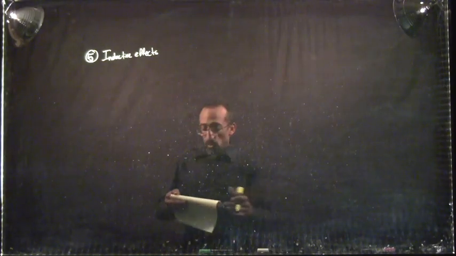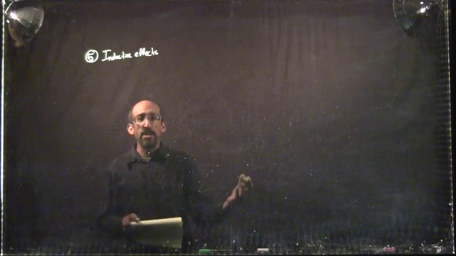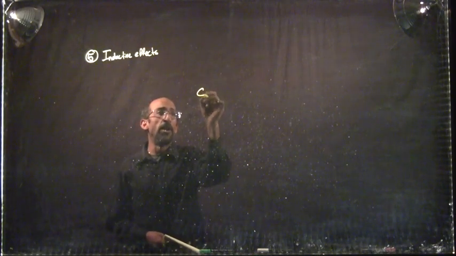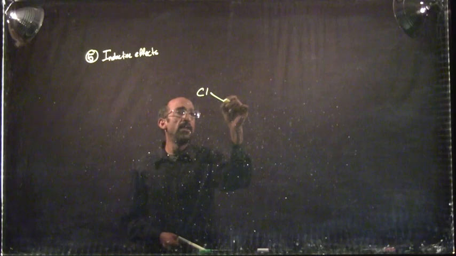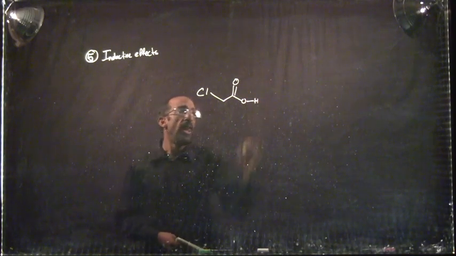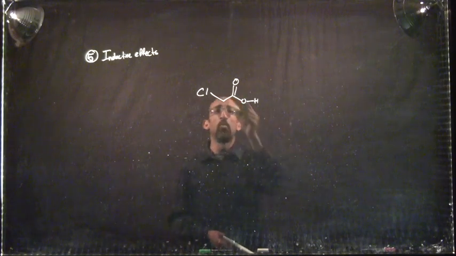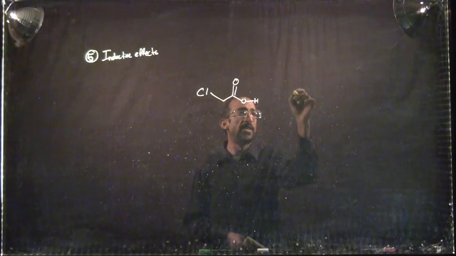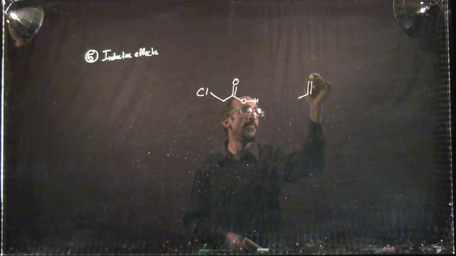So, we're going to use 3 examples to see how the quantity of electronegative atoms affects the pKa of an acid. So we're going to go back to our chlorinated acetic acid. And now I'm going to add one more chlorine atom to that carbon.